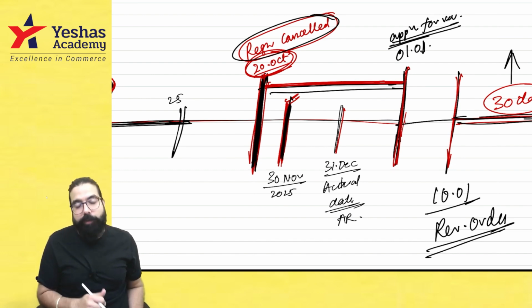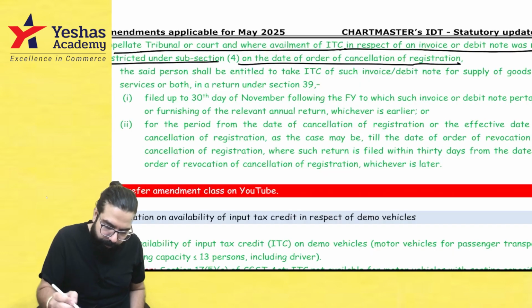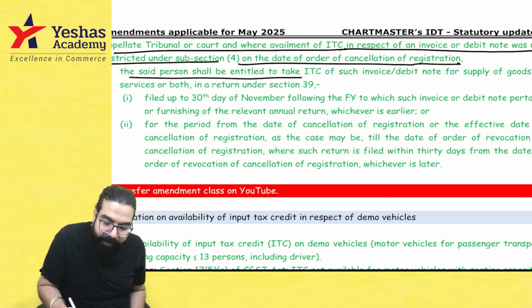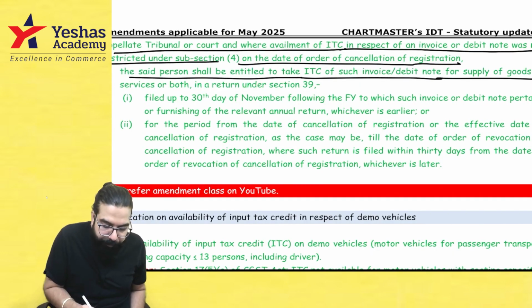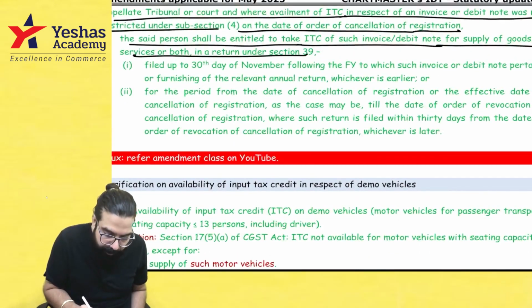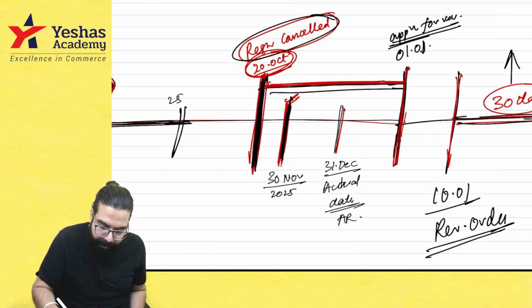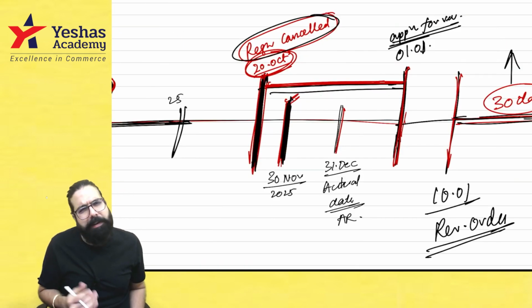Now what to do? So they are telling, if your registration was cancelled, then the said person shall be entitled to take the credit in a return under section number 39 filed up to 30th November or the annual return's actual date, whichever is earlier. Up to this date you could have taken the credit, but now I did not take.